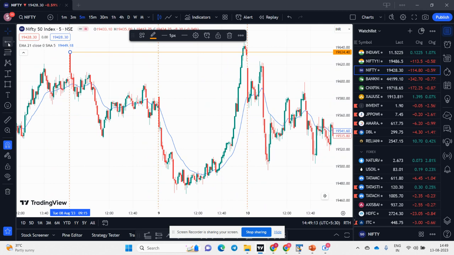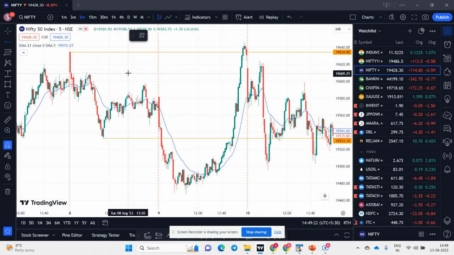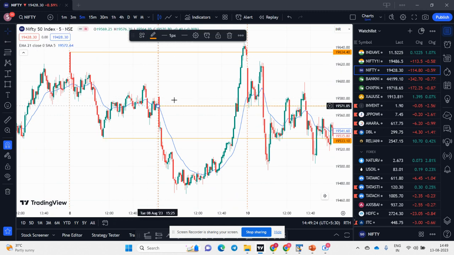I have drawn high and open, low and close. So if you see the first candle, a red candle, bearish setup, it has crossed our two conditions, right?